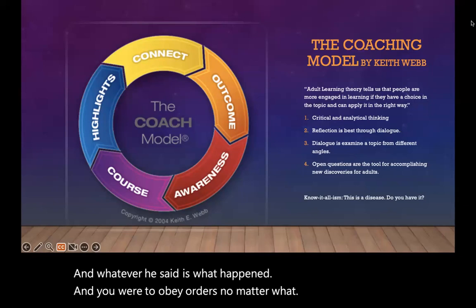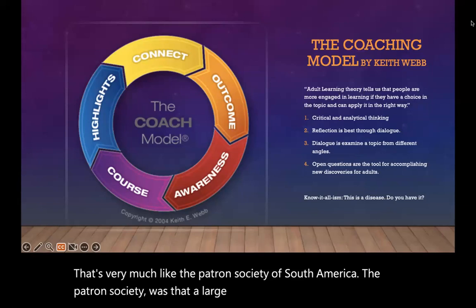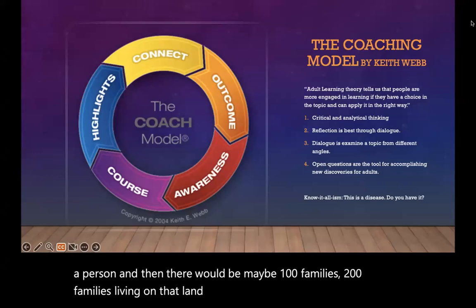That's very much like the Patron Society of South America. The Patron Society was that a large portion of land would be owned by a person, and then there would be maybe 100 families, 200 families living on that land. The patron would provide for all of the needs.